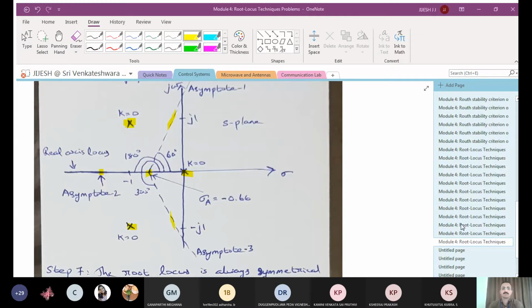Is that over? Yes, sir. So you have to write step 7, that the root locus has to be symmetrical with respect to the real axis as the complex roots occur in conjugate pairs.